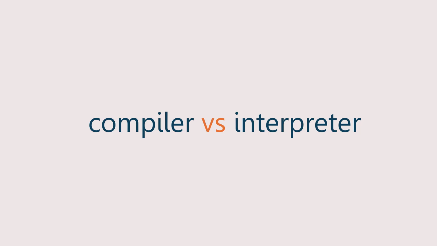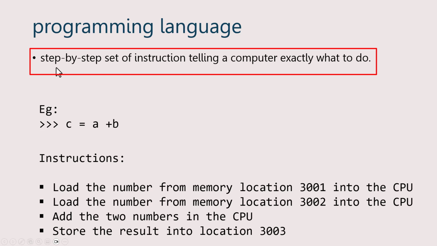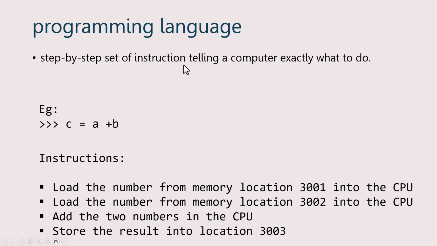Before understanding interpreter and compiler, first let's try to understand the programming language. When it comes to the programming language, I have given you the definition here. A programming language is step-by-step instructions telling the computer what exactly to do. So there are some set of instructions we are asking the computer to follow for a specified task.